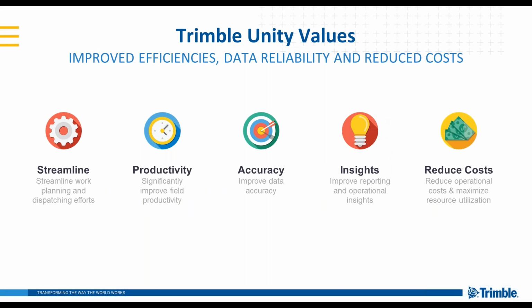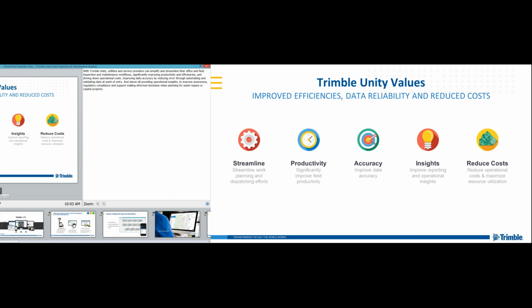So with Trimble Unity, utilities and service providers can simplify and streamline their office and field inspection and maintenance workflows, significantly improving productivity and efficiencies and driving down operational costs.